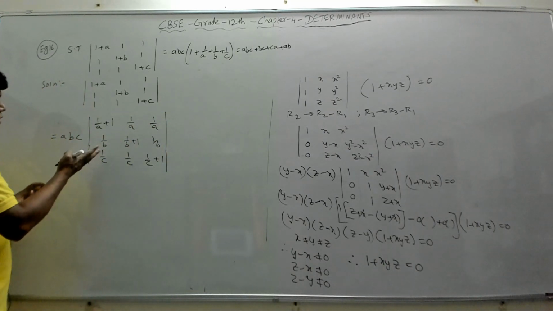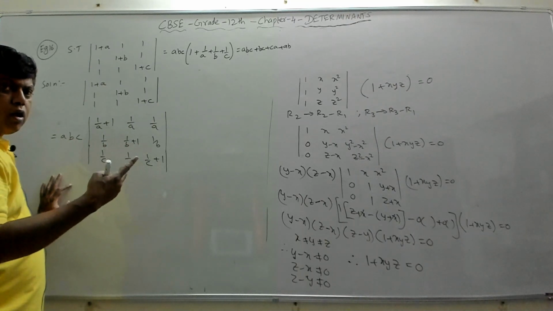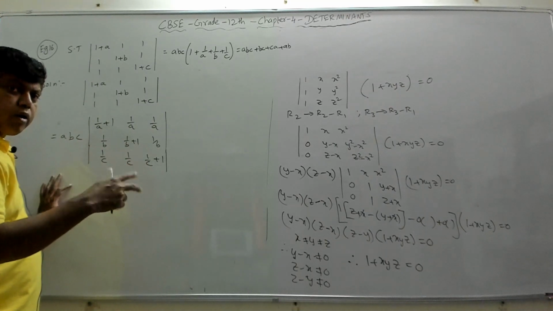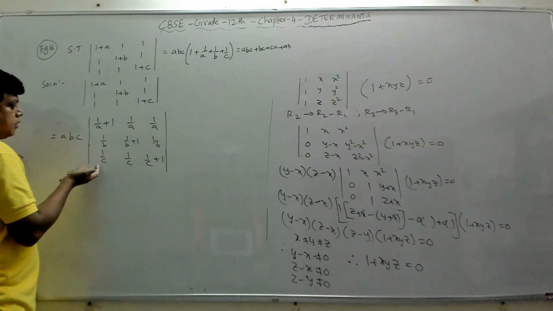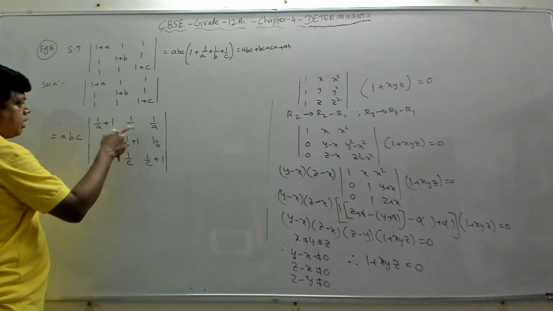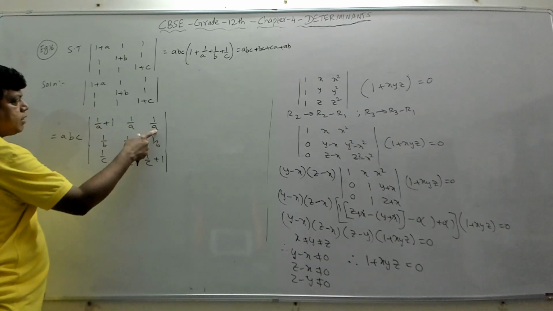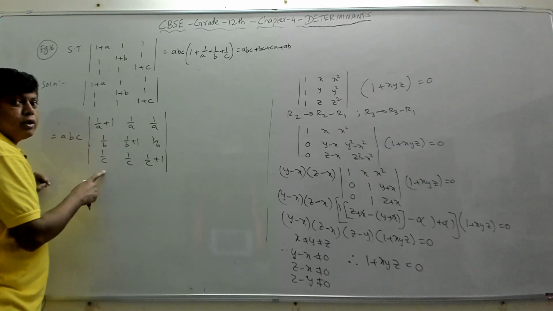Now let's see if we can add any particular rows or columns, any two rows or any three rows or any two columns or any three columns. If we add them, what do we get? Suppose I add the columns like this, I will get 1 by a plus 1 by a plus 1 by a, which gives me 3 by a plus 1. This will become 3 by b plus 1, and 3 by c plus 1.